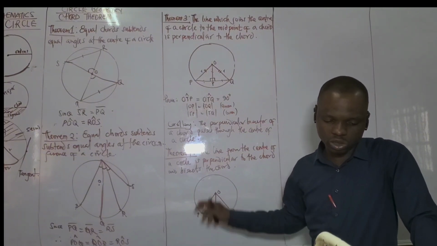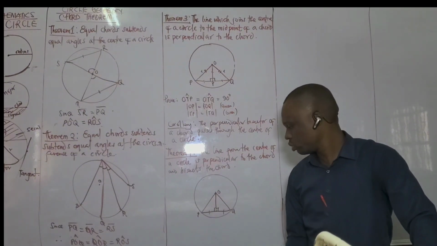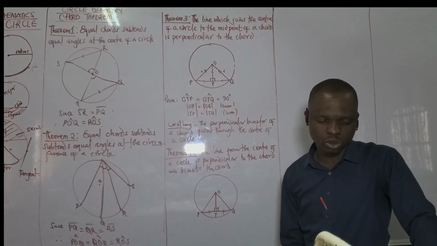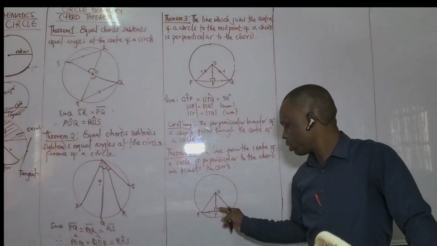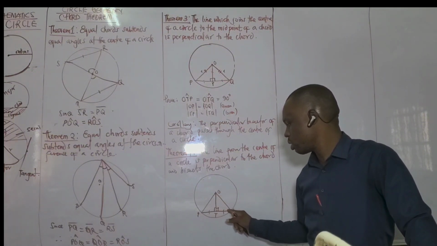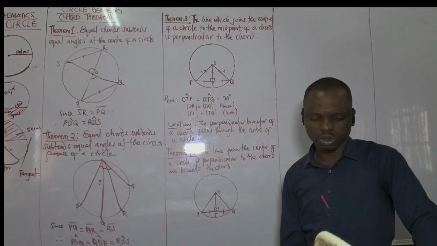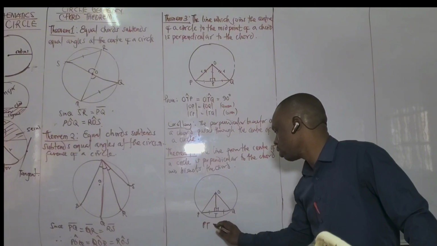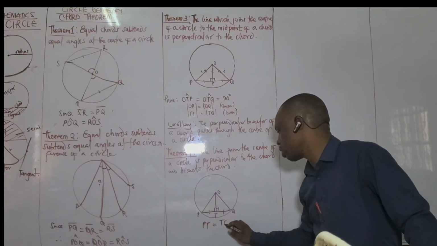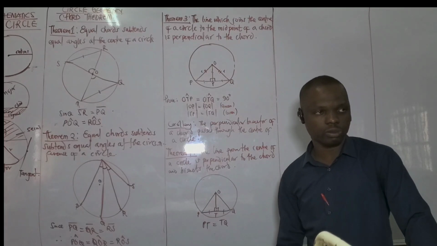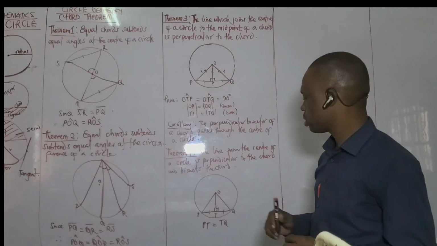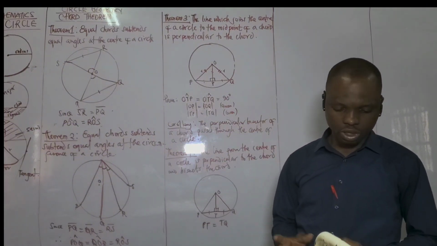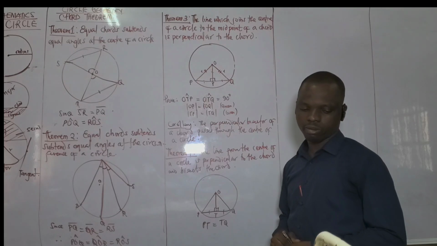OT is common to these two, and we have been given that the angle here is 90 degrees. So we can now say that PT equals TQ, since the triangles are the same, having the same angle, the same side, same shape. So that is theorem 4.